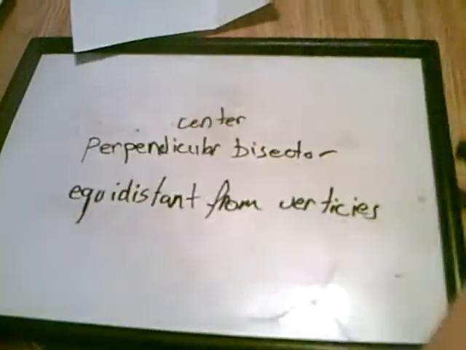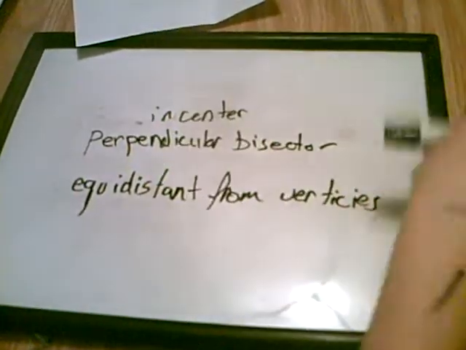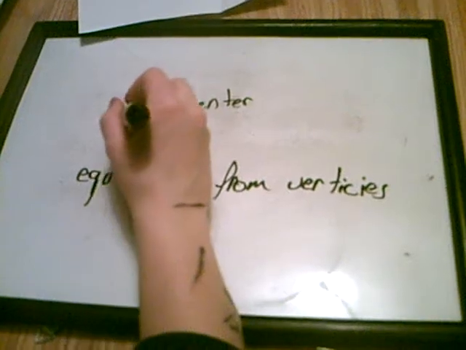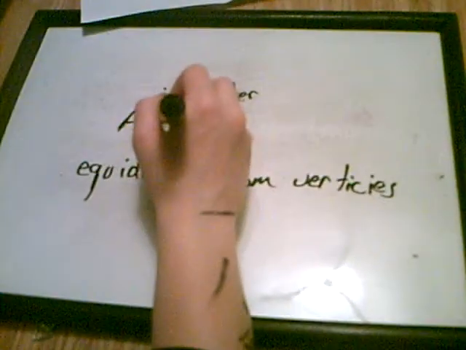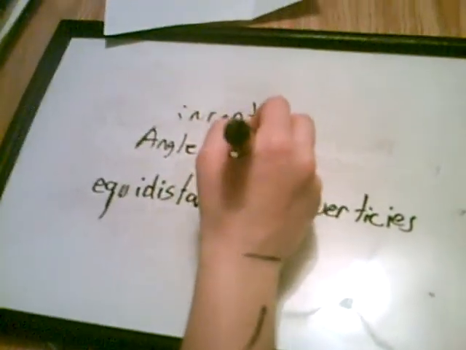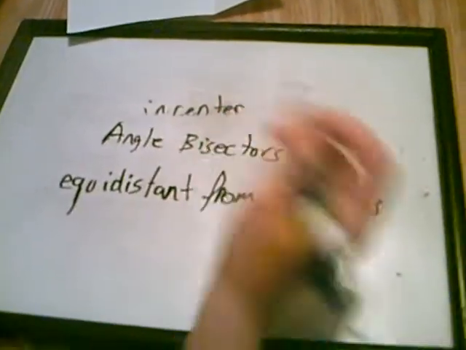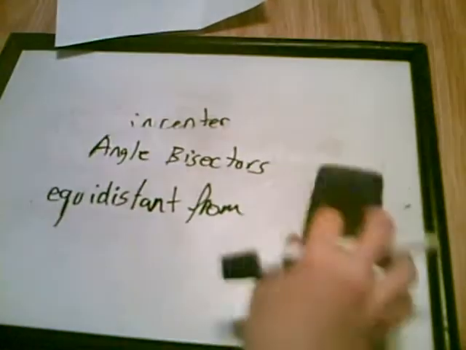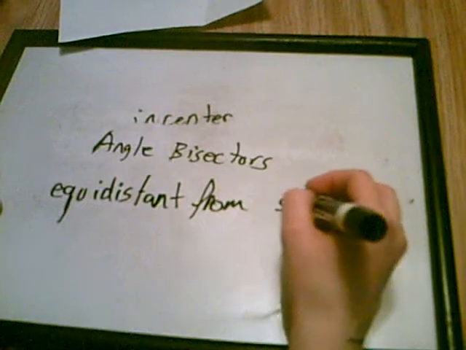Okay, the incenter is similar. It's not the same rule, but it also has its own rule. The incenter is when you have the angle bisectors, if you remember that. Except this time, it's equidistant from every side.